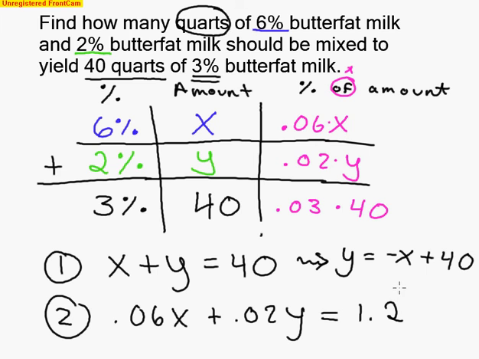Now I've run out of space, so I need to go to a new page. Hopefully, if you need to write anything down, pause it. I'm going to clear to the next page. And when we are here, we are going to take that y that we have solved for and plug it into our equation, in which we have 0.06x plus 0.02.